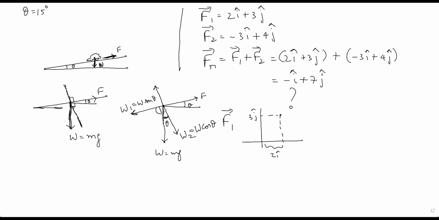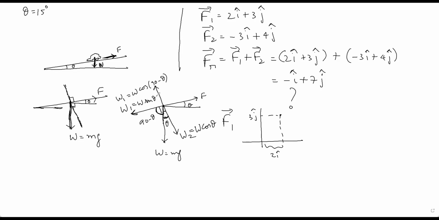We can do the other thing also. What is this angle? 90 minus theta. Very good. So when you use 90 minus theta, W1 can also be written as W cosine of 90 minus theta, which is sine, the same as sine theta.